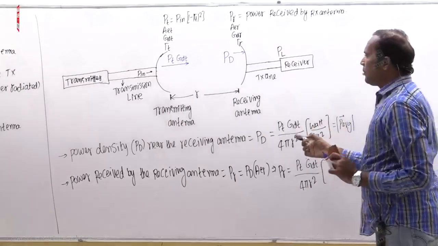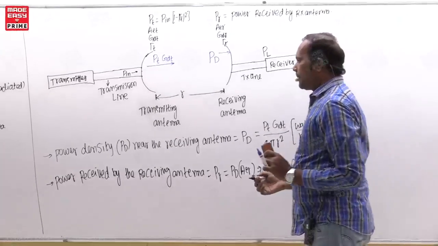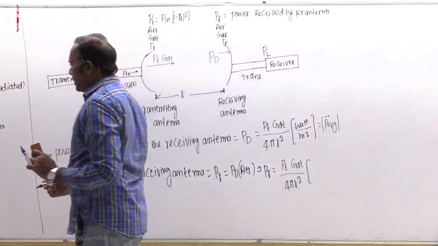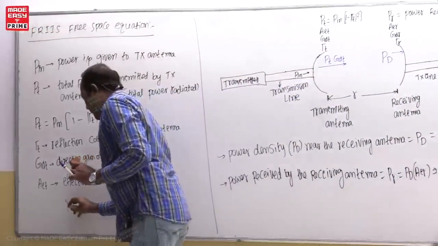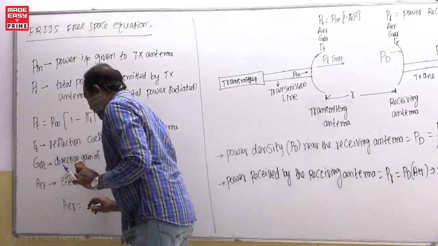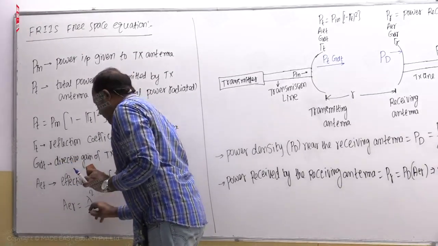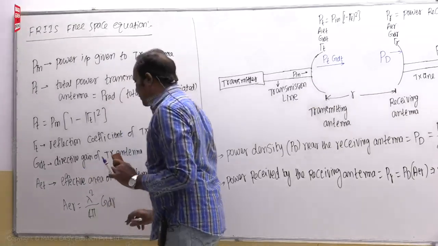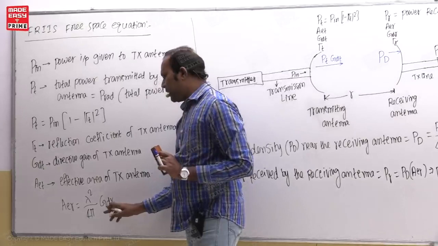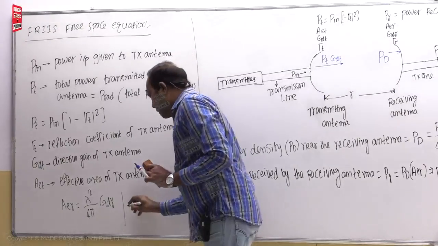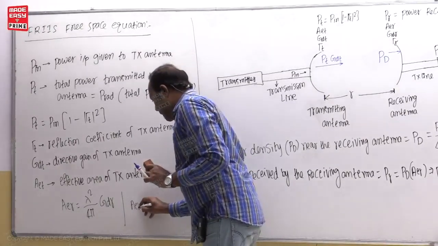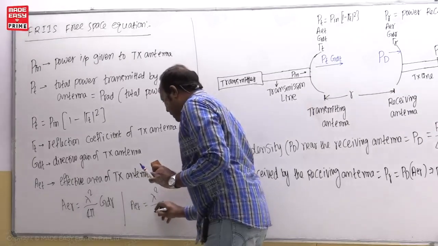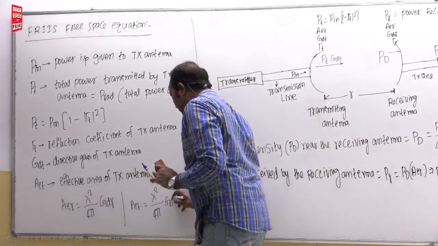Then the effective area of the receiving antenna will be written like this, students. The effective area of the receiving antenna is equal to lambda square by 4 pi into GDR. For the transmitting antenna, AET is equal to lambda square by 4 pi GDT.